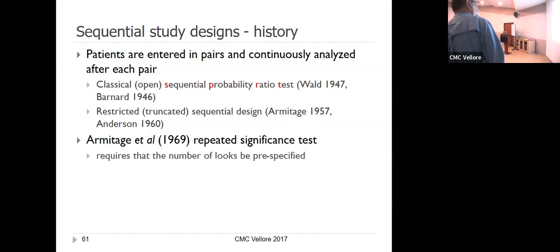But again, Armitage, almost 10 or 12 years later, came up with what he called repeated significance testing on accumulating data. And he's the one that calculated that 14.2% that I mentioned. And he said, okay, we can do it, but you have to tell me when you're going to do it and how many data points you're going to use. So you have to pre-specify everything that you're going to see.